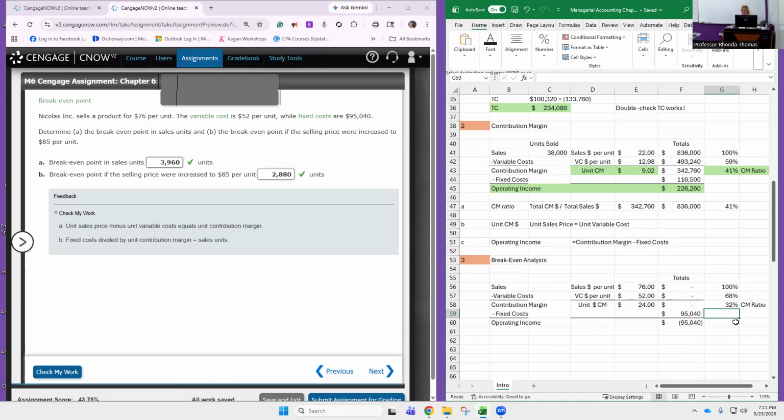Okay, so either way, this is our contribution margin ratio. Okay, now we're going to get ready to break even. Okay, break even. Well, breaking even means that our operating income is zero. Okay, it's zero. And we put our fixed in here. Okay, so to find the break-even point in sales dollars, let me give you the formula.